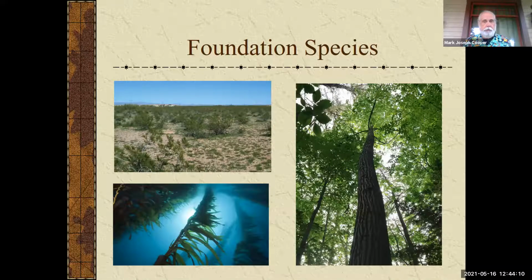So here we have on the top left, this would be the plant creosote. And kind of hard to tell, but right here up in the front left, that's a creosote, creosote, creosote. As a population, if you fly up and over the desert, what you're going to find is creosote is in both our local deserts.